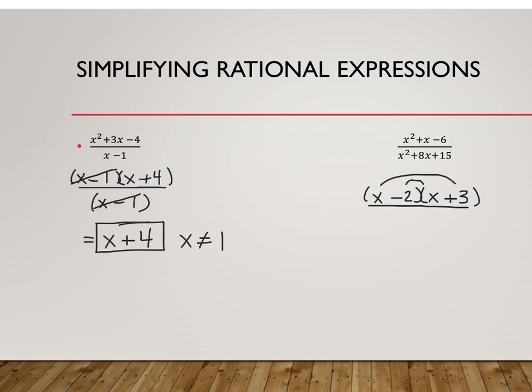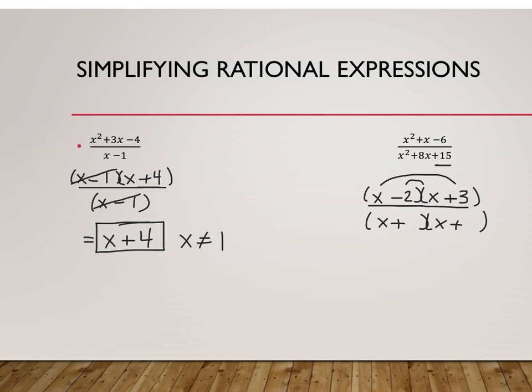All right, now in order to simplify these, we've got to realize that we're only doing this if we can cancel things. So thinking about this and looking at the bottom, you can kind of use the problem to help you solve this. So I'm going to deal with x and x. And now looking at the plus 15, both signs got to be positive because of the positive 8.